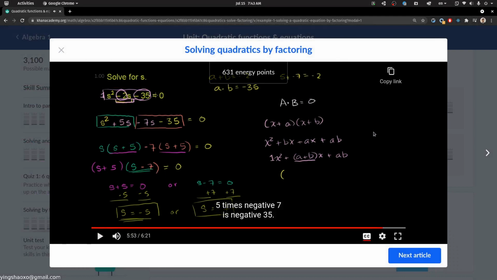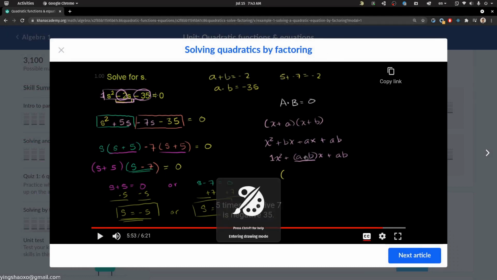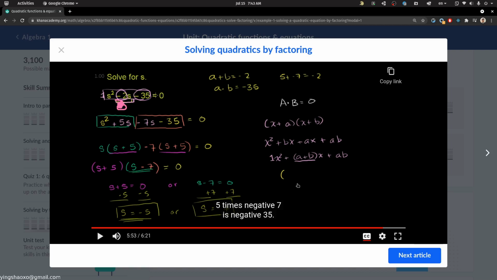-35. Okay, so now I understand how they did that. Basically, they are doing it by guessing. They try to come up with two numbers in their mind that add up together to equal the middle number here. For example, in this particular case, that would be a plus b equal to -2.